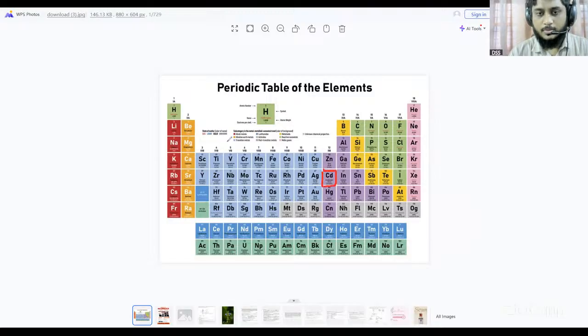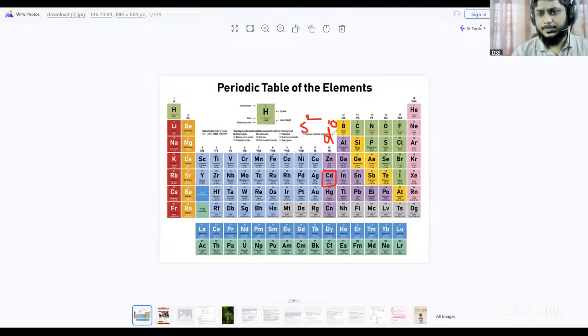So this is D10, right? This shell is D10. When this one is D10, how do we write it? S2 D10.